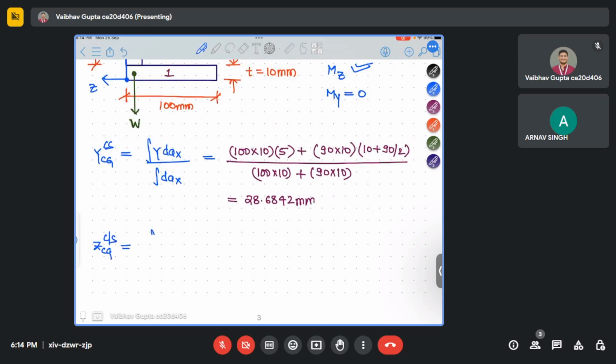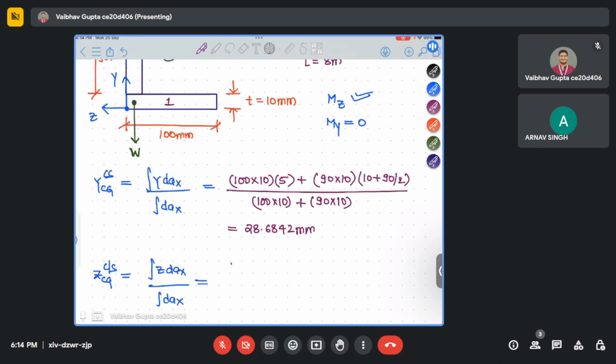Now we'll calculate Z CG of the cross section. Similar formula, integration of z dA by integration of dA. What is the area of the first element? 100 into 10.